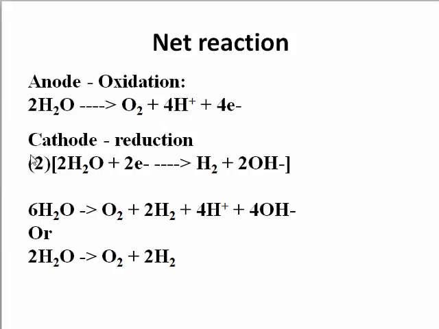You have to multiply this by 2, so the total number of electrons exchanged in this reaction is 4. And in this net reaction, 6 waters form into an O2, 2 H2s, 4 H pluses, and 4 OHs. Of course, we expect that in solution these will reunite to ultimately produce water.